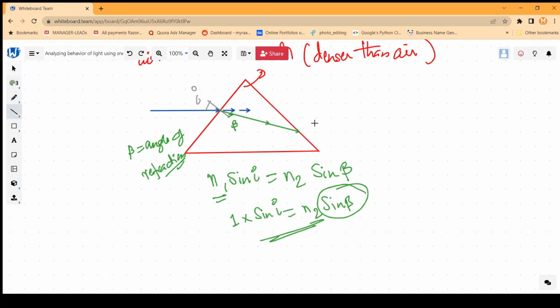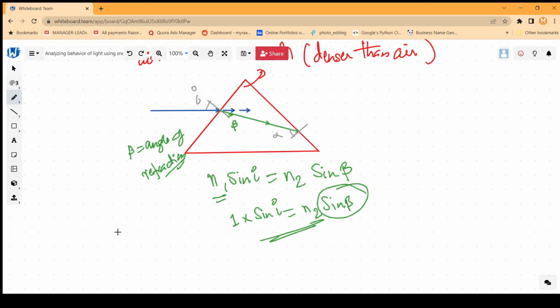So draw the normal perpendicular to the surface here, and this angle in here is going to be our new alpha, or let's say angle of incidence. Now this alpha is not going to be equal to beta because these two normals are not parallel to each other, right? But we can always find a relationship.